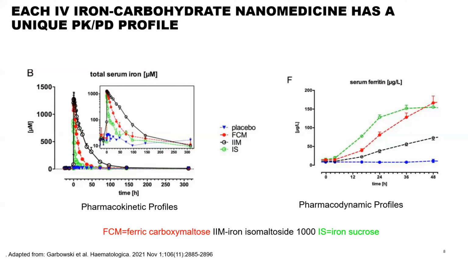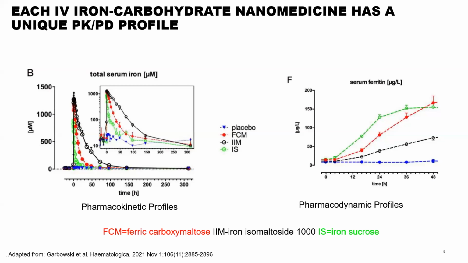As can be seen in the first panel, looking at total serum iron concentrations, which are also a very relevant clinical measurement that is typically used, and the inset, I think, details this even better, there's clearly a difference in the PK profiles related to serum iron.